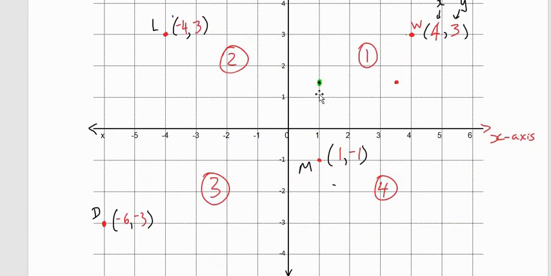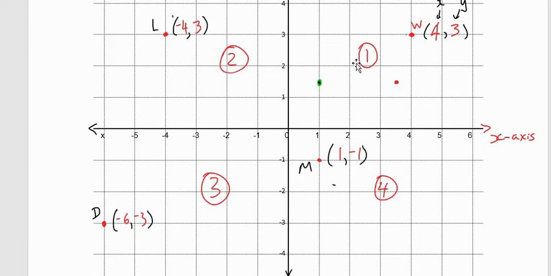For points found in the first quadrant, the x coordinate is positive and the y coordinate is positive. For points found in the second quadrant, the x coordinate is negative and the y coordinate is positive.